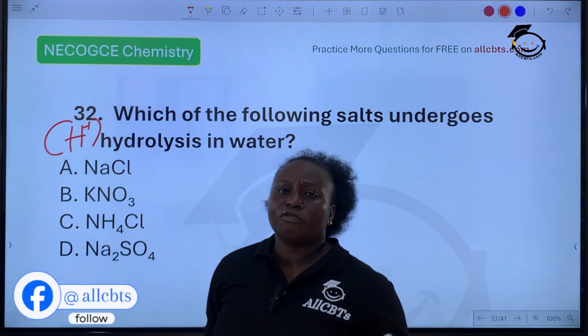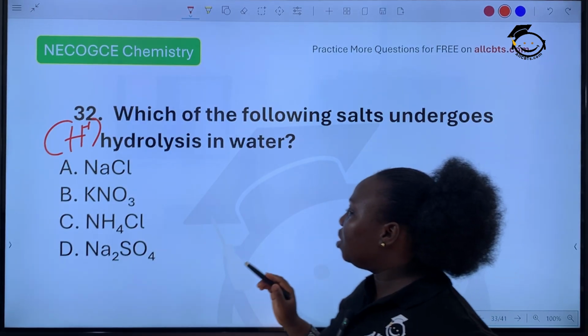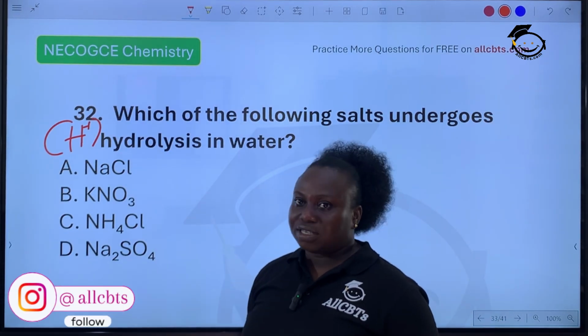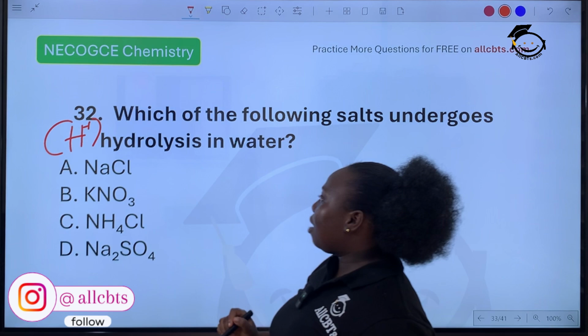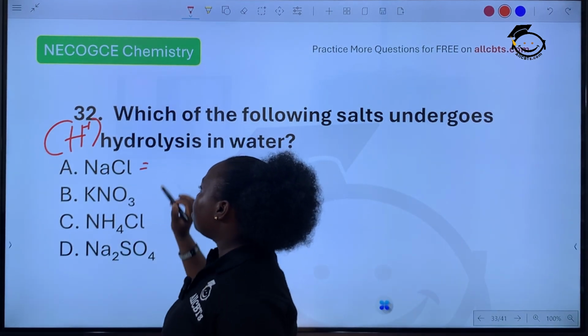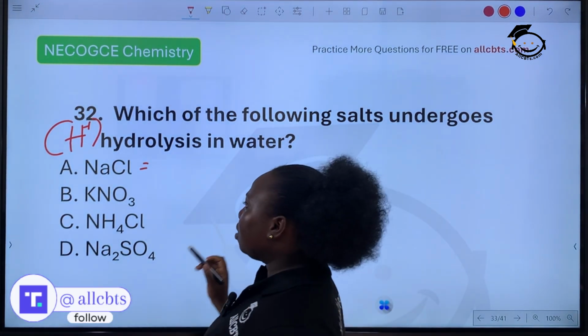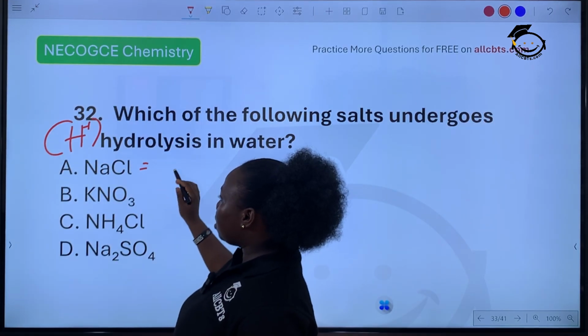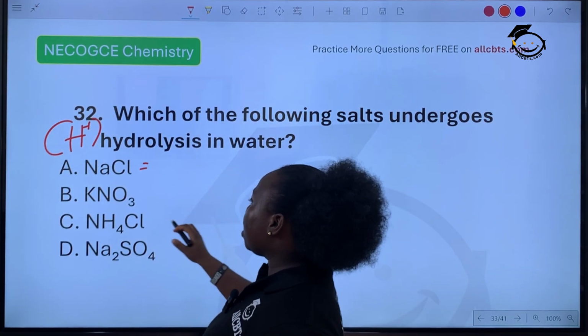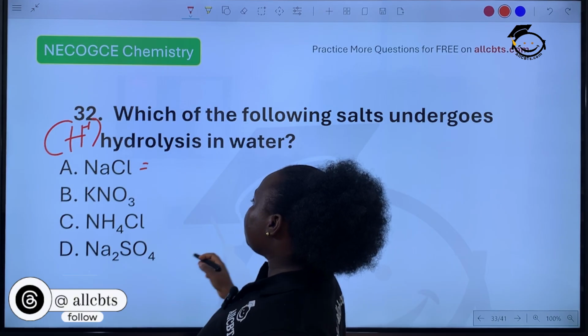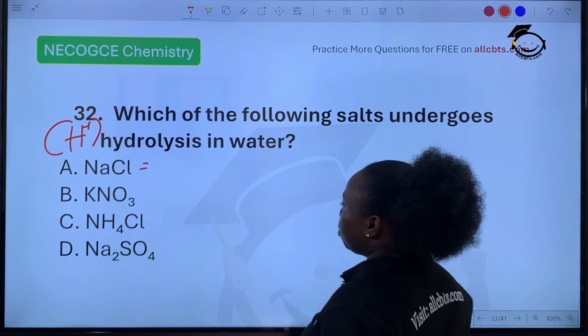That means which of these will dissolve in water to be very acidic. Now here we have NaCl, we have KNO3, we have NH4Cl, and we have Na2SO4.